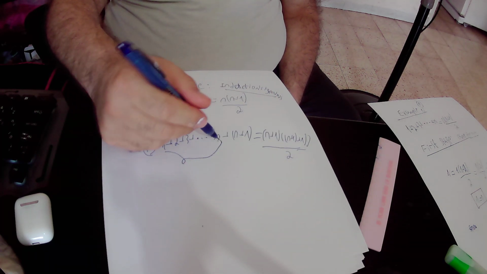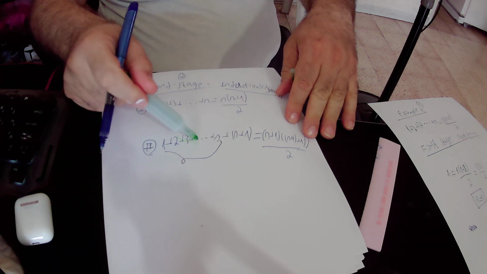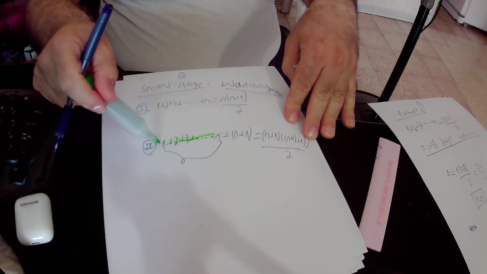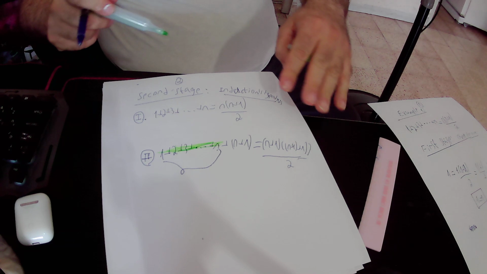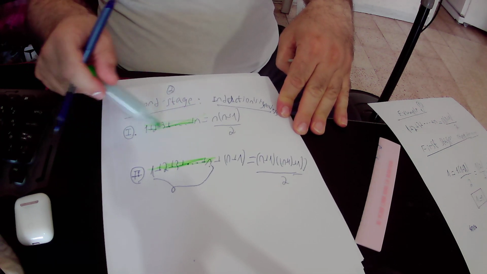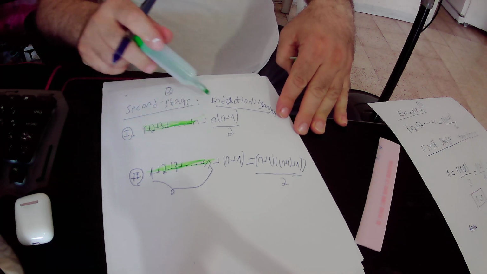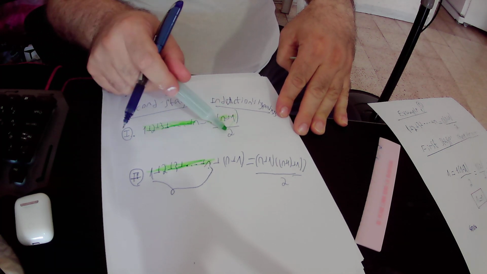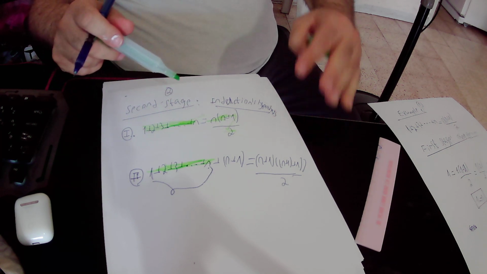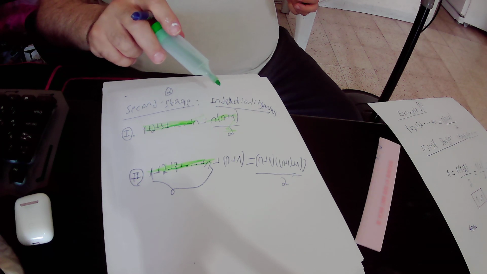Actually, this expression in the green color is exactly this expression. They are exactly the same, and this expression equals this expression, 1 plus 2 plus 3 plus n equals n times n plus 1 divided by 2.